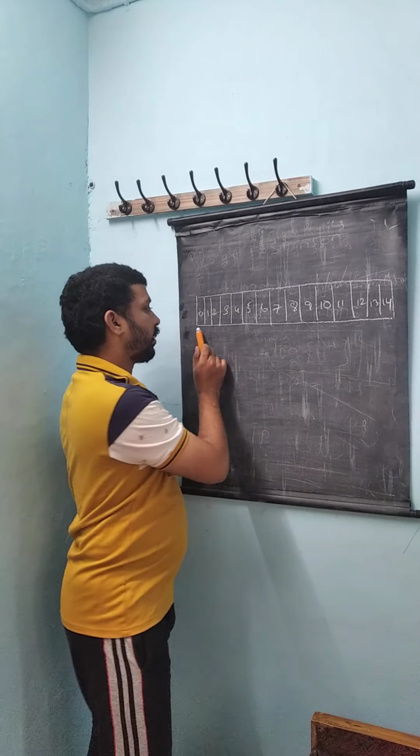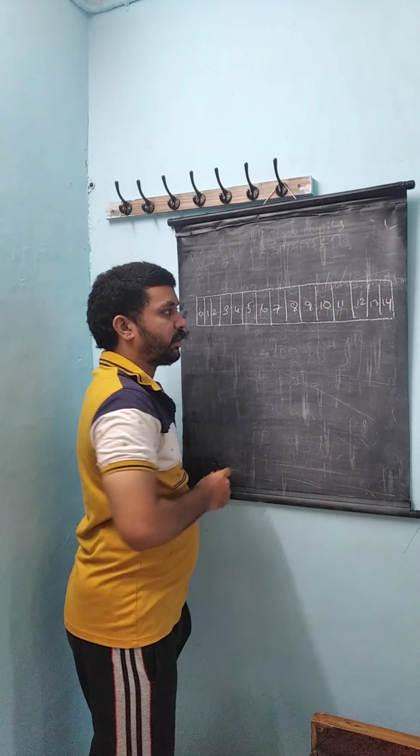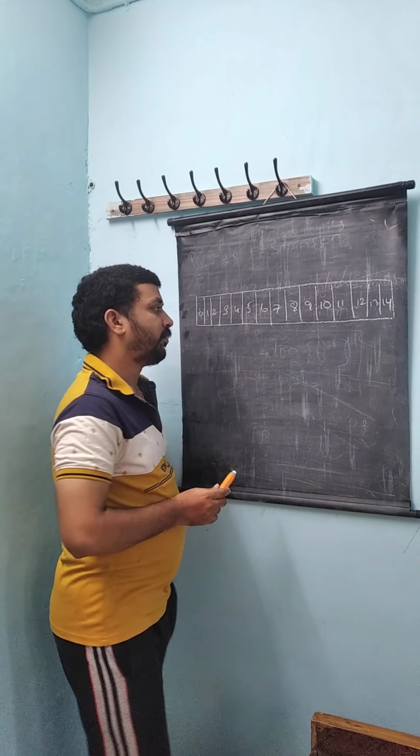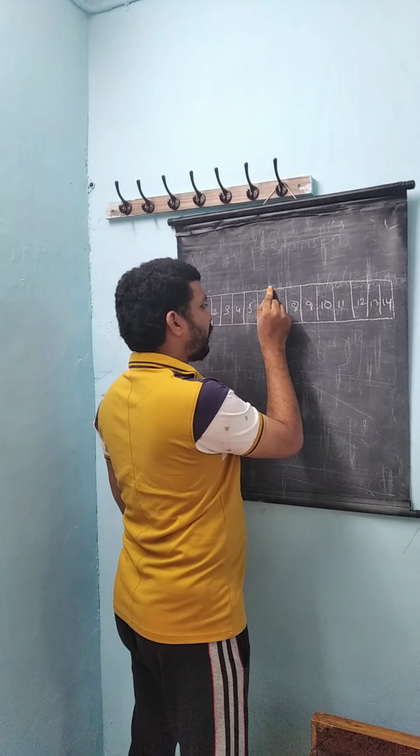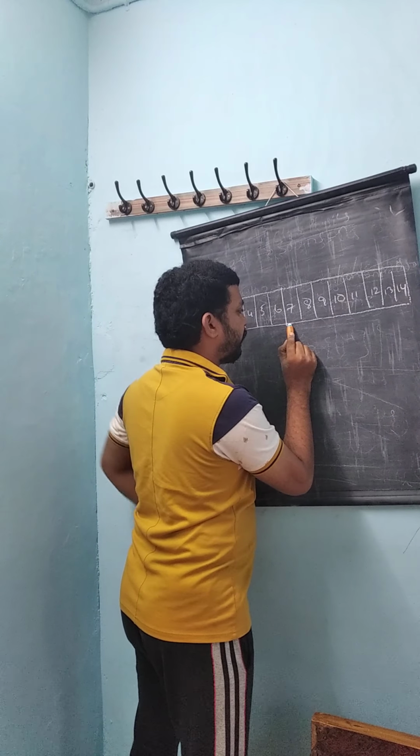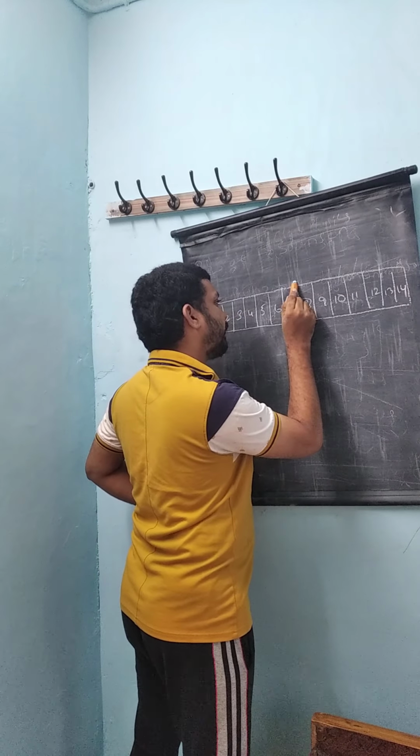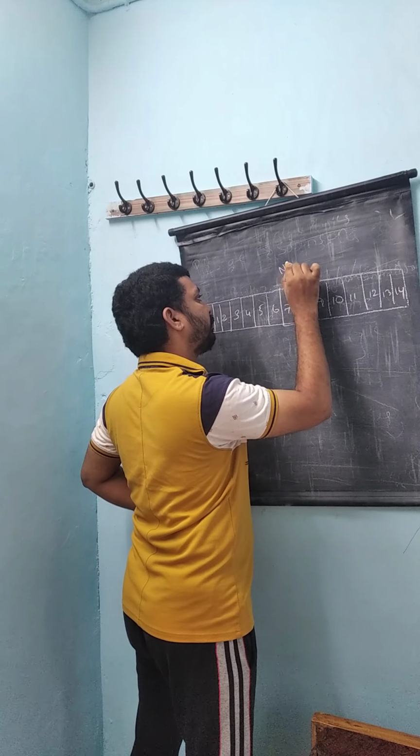If the pH value is 7, then that solution is neutral.